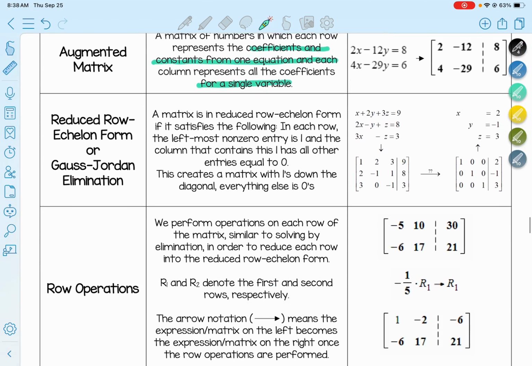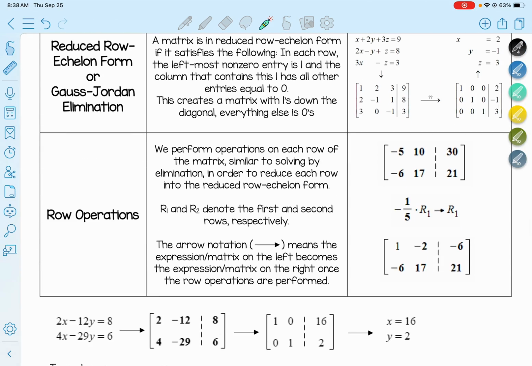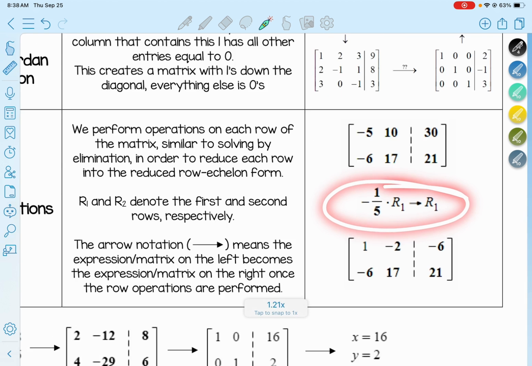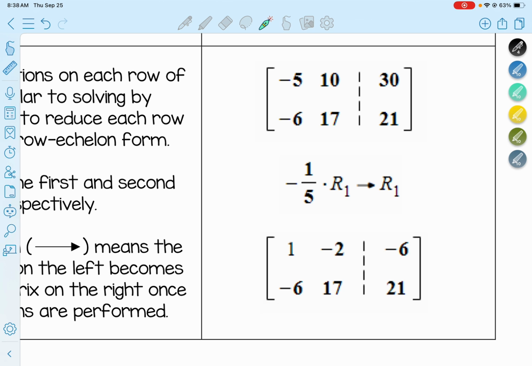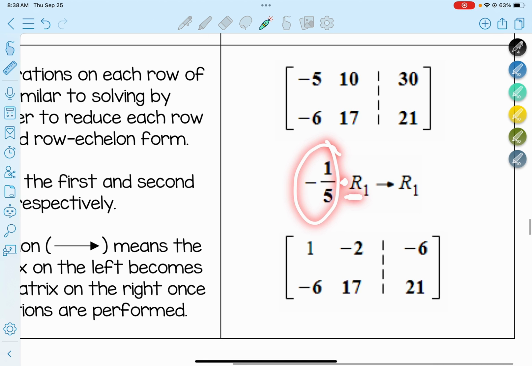Now, we perform what we call row operations, and it's very similar to what we would do when solving by elimination. So that's what is represented right here. What this is saying is I'm taking negative 1/5 and multiplying it by R1, which means row 1, and it's going to only change row 1.